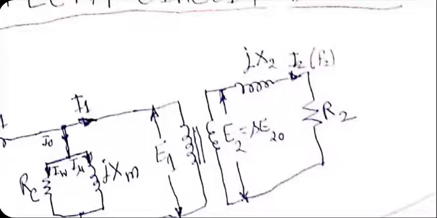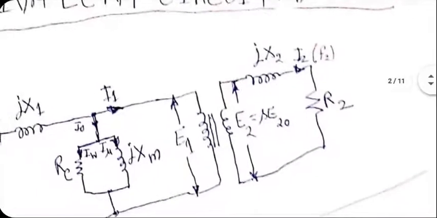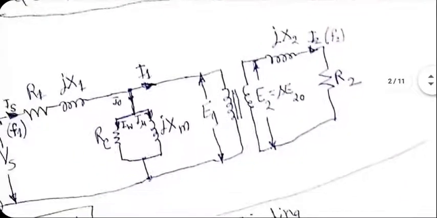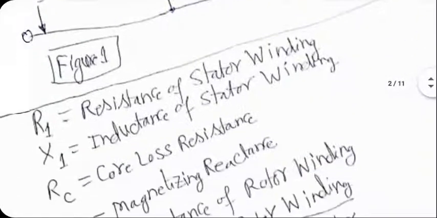So rotor current will be S E2 naught divided by R2 plus jX2. And then I divide numerator and denominator by S. So I'll get E2 naught divided by R2 upon S plus jX2 upon S.